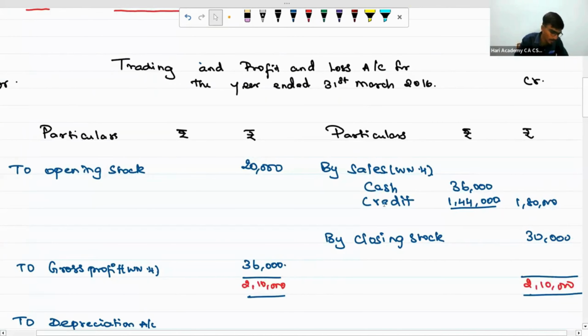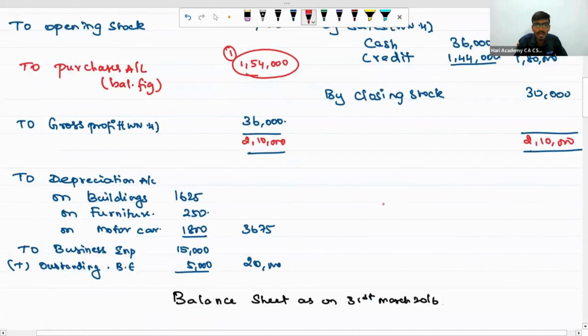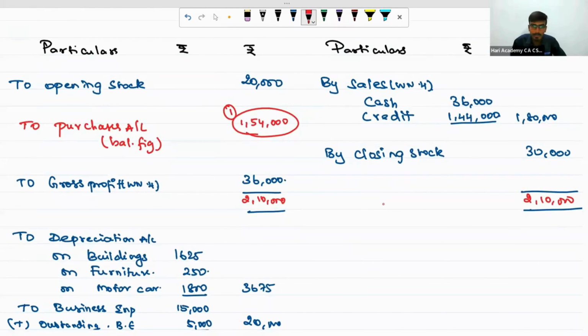So total 2,10,000 minus 56,000, you will end up with 1,54,000. 1,54,000 will be your purchases account. That will be your balancing figure, your number one. Some examiners may not accept this, so keep it further. Okay, 1,54,000 we have done.